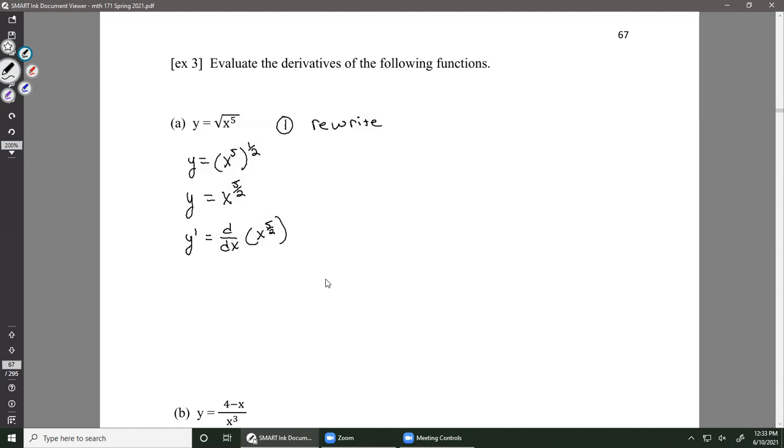And since that's kind of isolated, the 5/2 is going to drop down. And then we need to subtract 1 off the exponent. If you like fractions, leave this in fraction form. If you're not a fan of fractions, feel free to use decimals. Either way, I'm going to bust out my handy dandy calculator.